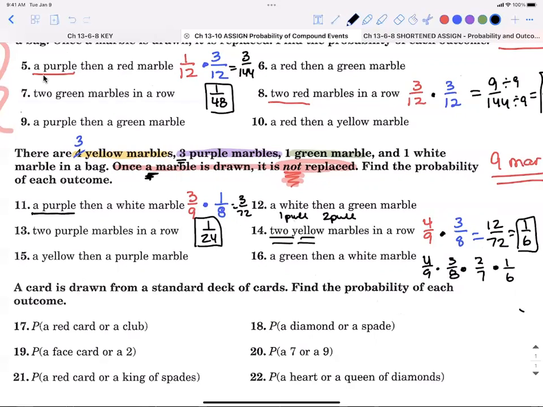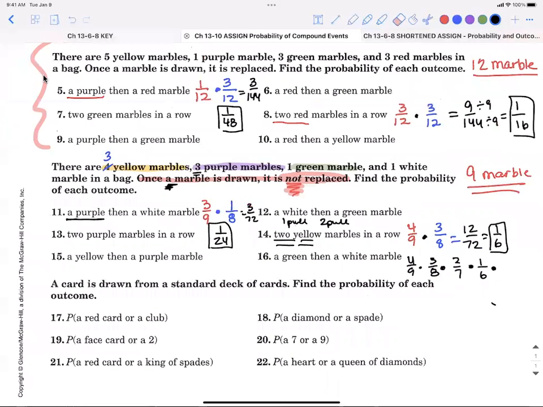What's the probability of drawing a yellow when there are no yellows in there? 0. If it asks you that, your answer would be 0, because you literally have a 0 probability of drawing 5 yellow marbles in a row when there's only 4 in the bag. So it would actually make your whole problem go to 0 probability. Make sense? All right, that's the difference between replace and not replace.